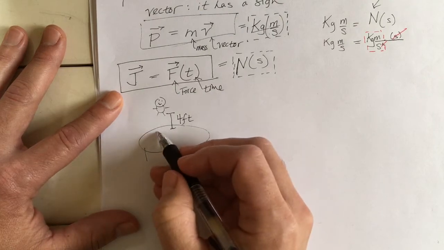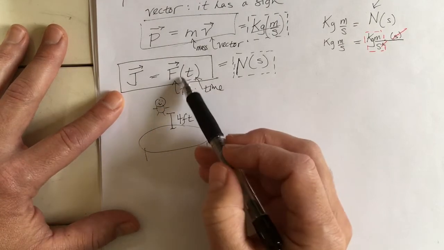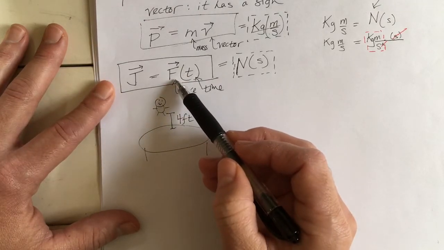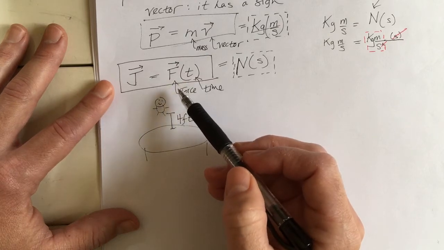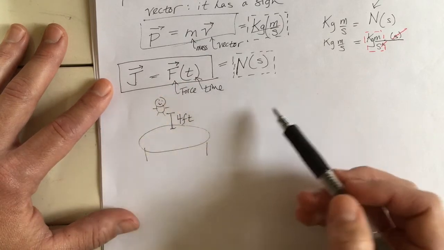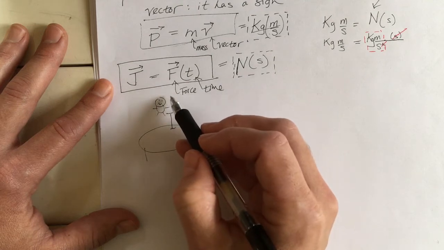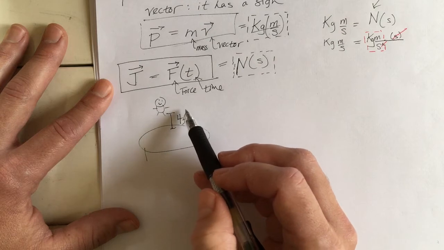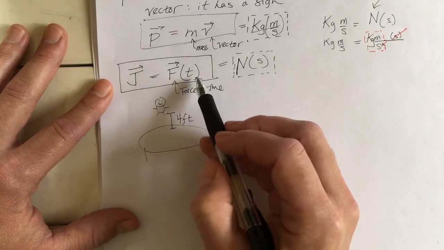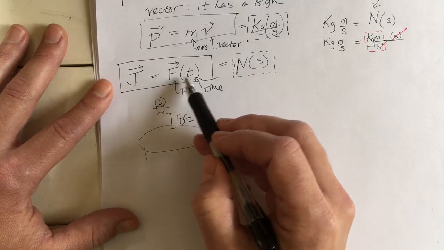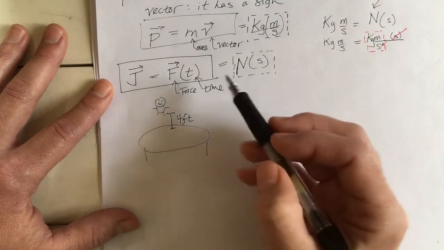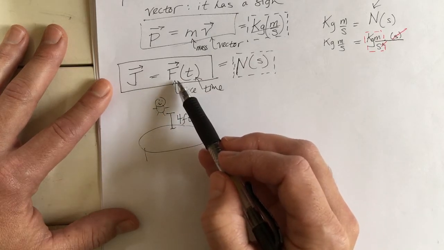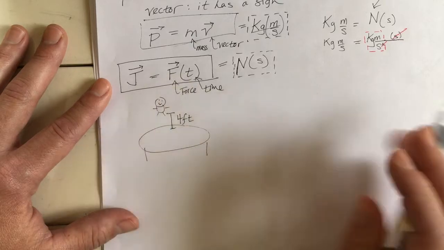But when there's a trampoline beneath you, the length of time that the force acts over is longer. So you're going to undergo a change in momentum, and by changing the time period, the force will be smaller. So there is a relationship here between a change in momentum and an impulse.